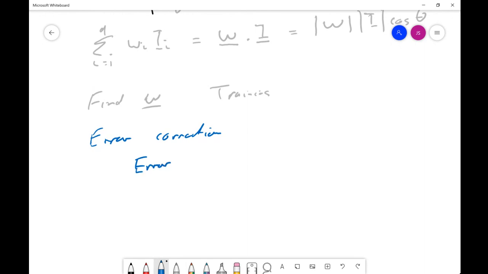An error comes from a training set where you know the classification. Update the weight vector: it becomes the original weight vector plus C, a fraction of the input pattern that is in error, and that's also a vector. And this is basically Hebbian learning.